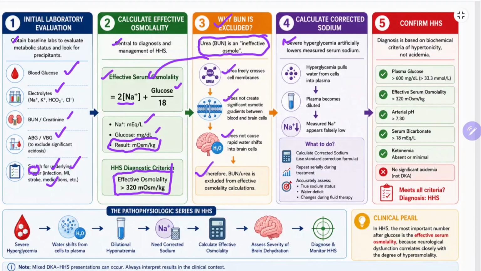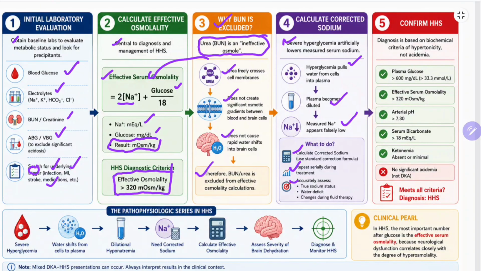Severe hyperglycemia artificially lowers measured serum sodium, which is why corrected sodium should be used. Hyperglycemia pulls water from cells into the plasma, and plasma becomes dilute. Again, here also there is dilutional hyponatremia, so measured sodium appears falsely low. What to do? Calculate corrected sodium using the standard correction formula, and repeat it serially during treatment, to accurately assess true sodium status, water deficit, and changes during fluid therapy.